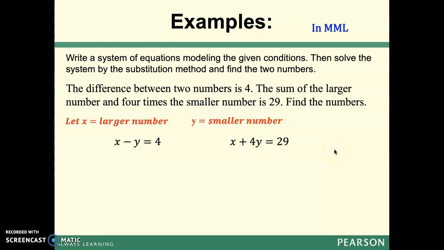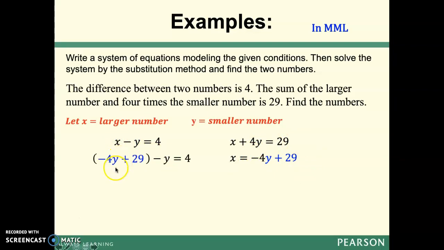So now I want to pick a variable that has a coefficient of 1. So I could either use this x or this x. It doesn't really matter. Looks like I chose this x. I subtracted 4y from both sides. Now I'm going to substitute this expression into x over here.